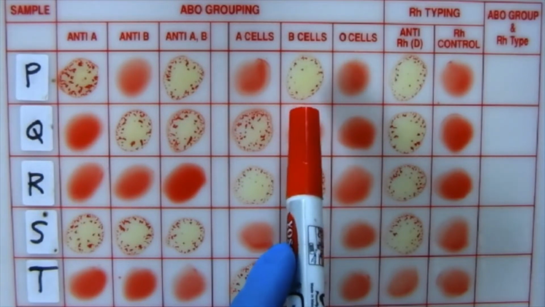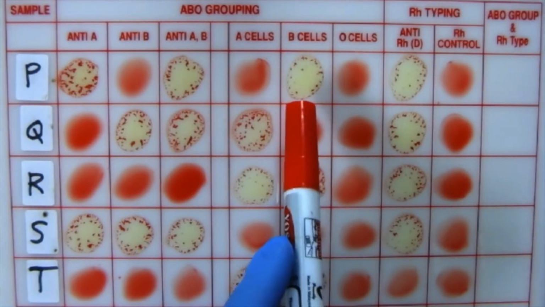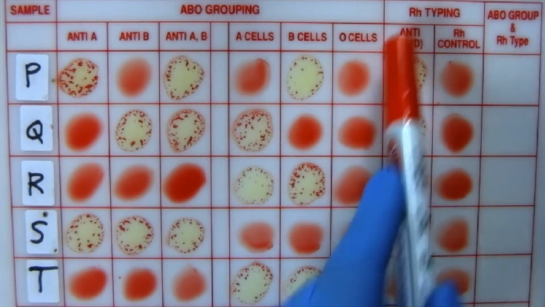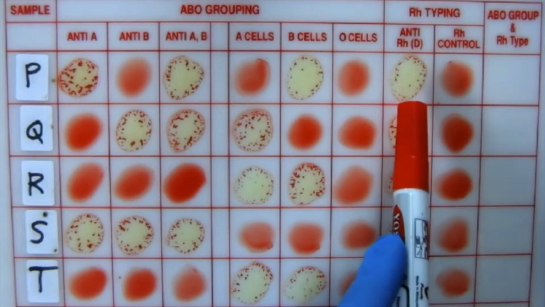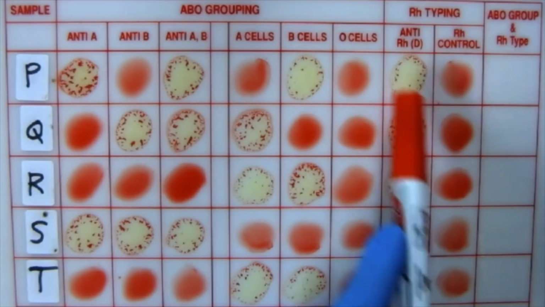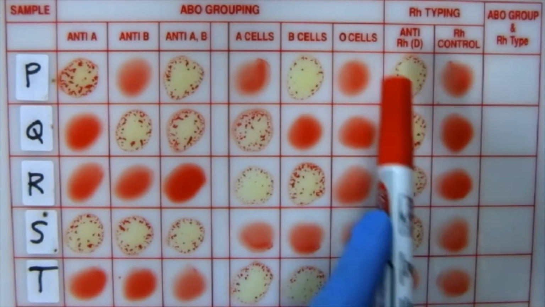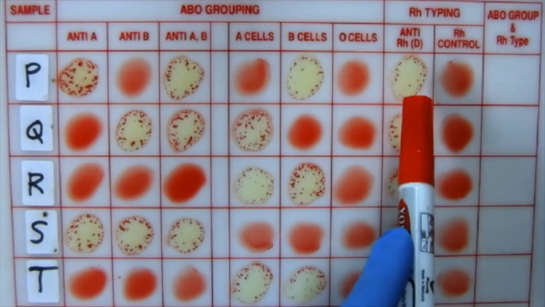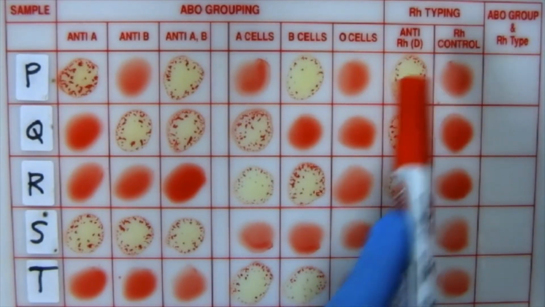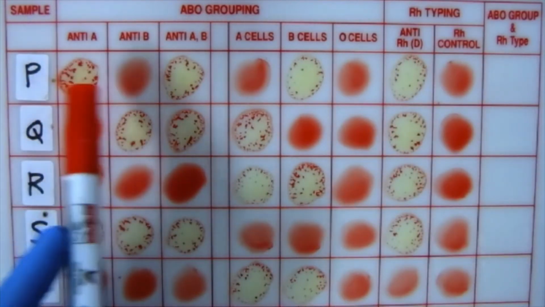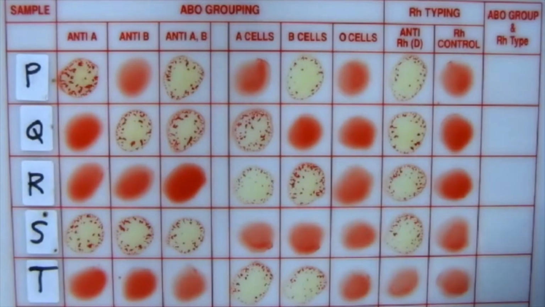There is agglutination there. And then we move to the rhesus typing. The patient is rhesus positive. The anti-D is reacting to the patient cell, showing that the patient has D antigen. So patient P is A positive.